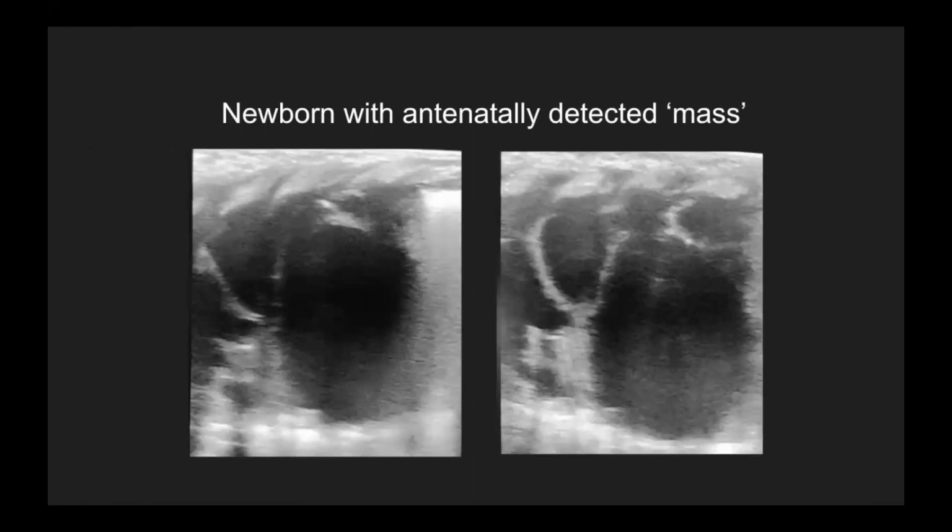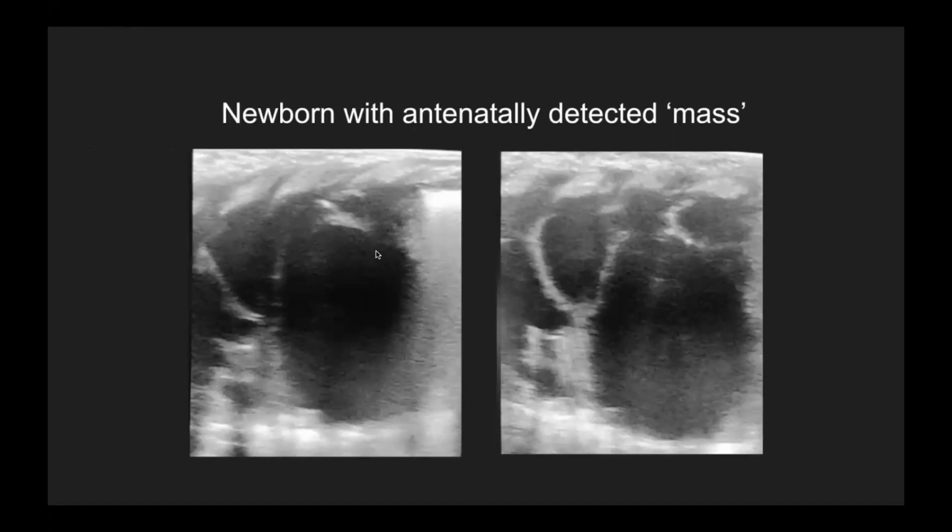This is the second case of lung ultrasound, a newborn who already had an antenatally detected mass. When the baby was born, we were called to the NICU. The quality of the images is poor because they were taken at the bedside, on the bed. These are the sagittal images.